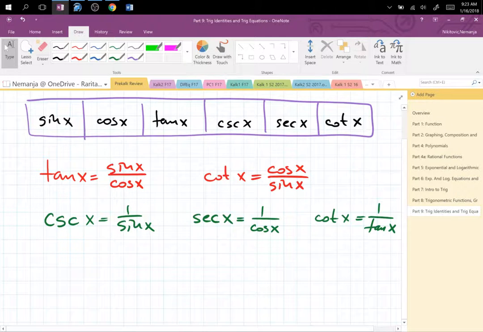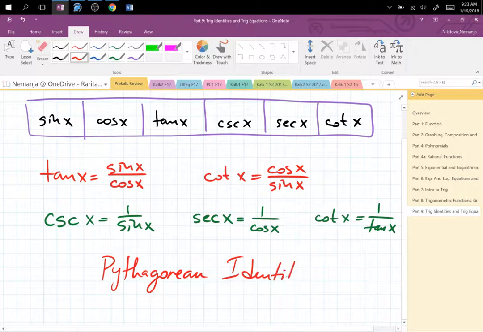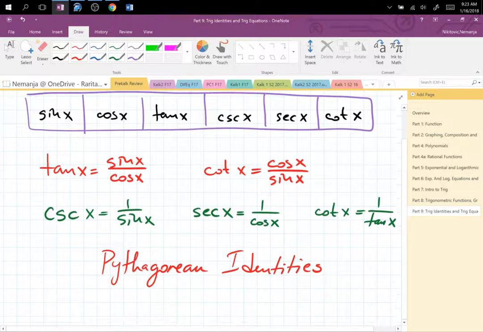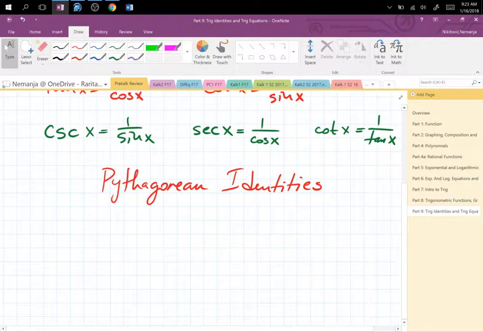And now we look at Pythagorean identities. So for Pythagorean identities, there are 9, right?